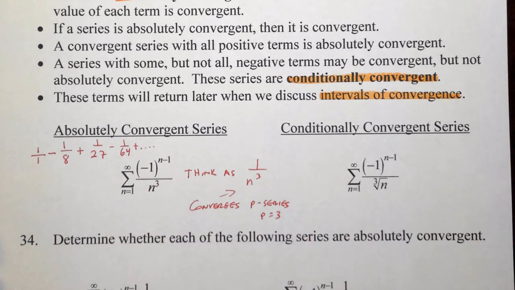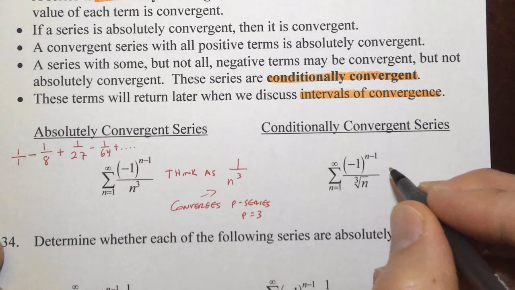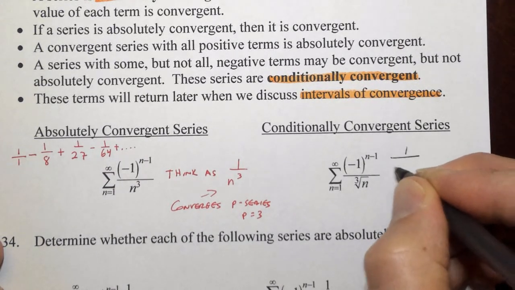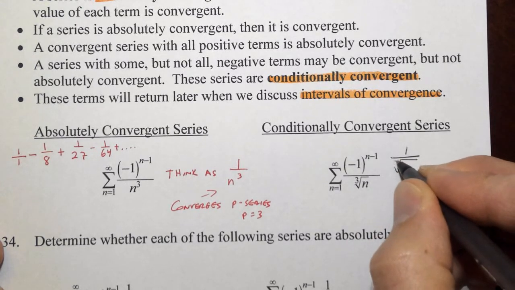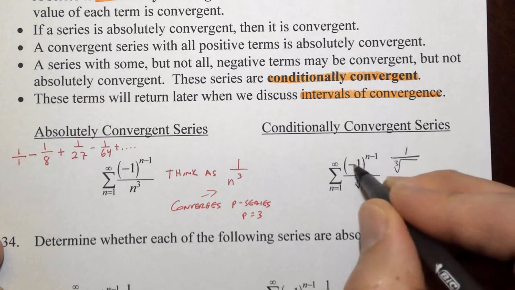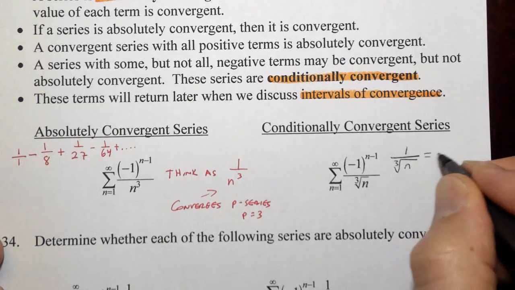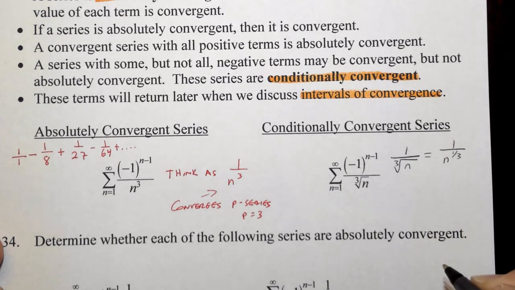Now let's compare that with this series right here. If we do the same thing and we look only at the positive portion of this, so we ignore the alternating part, what do we have? Well, we just have 1 over the cube root of n. We know that we can turn that into n to the 1/3 power.